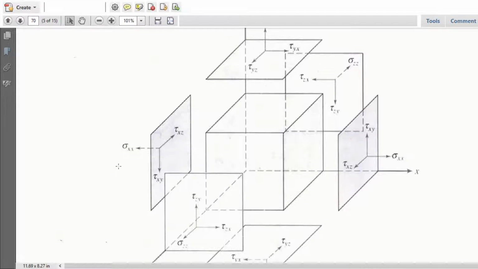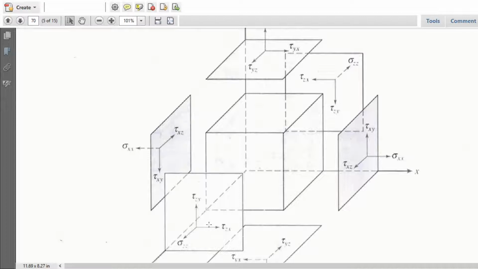Now go to this other side. Again the plane is x, but the perpendicular will go to the minus x side, so all the directions would be reversed. This is minus x, this is minus y, this is minus z.